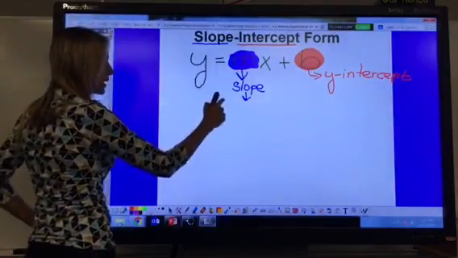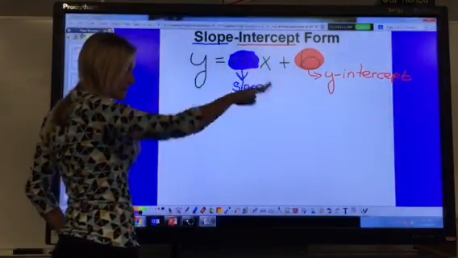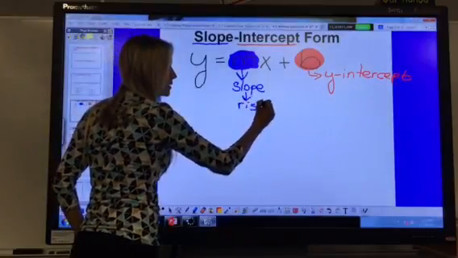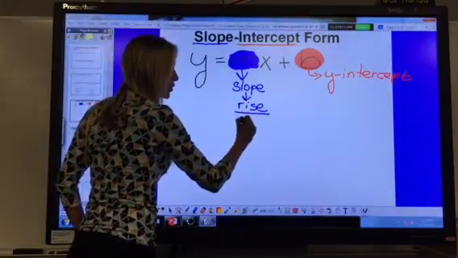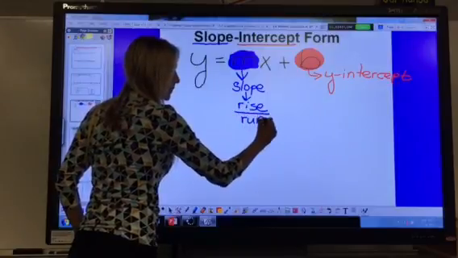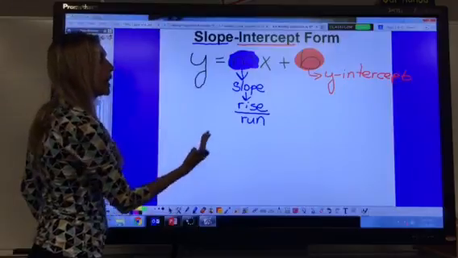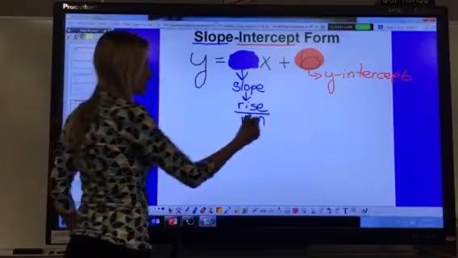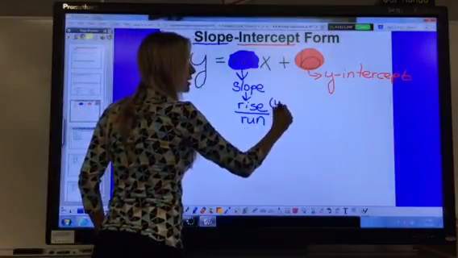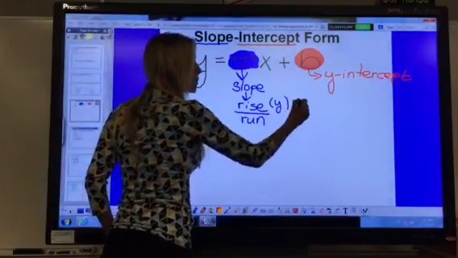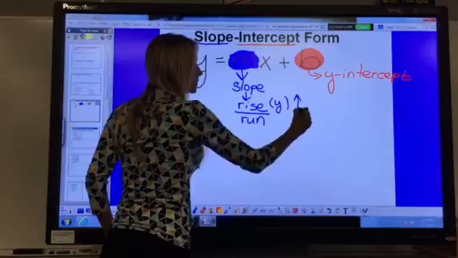So slope, when I say slope, the steepness of the slope is rise over run. Rise is literally up or down. I'm following the y-axis. So rise talks about the y-axis, and that goes up or down.